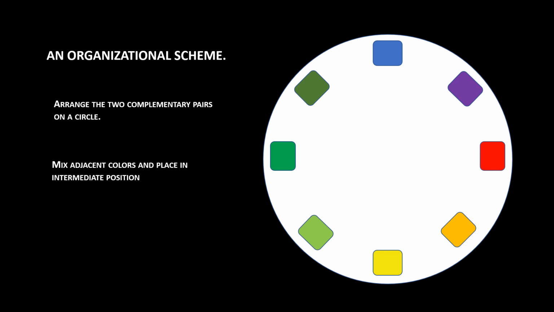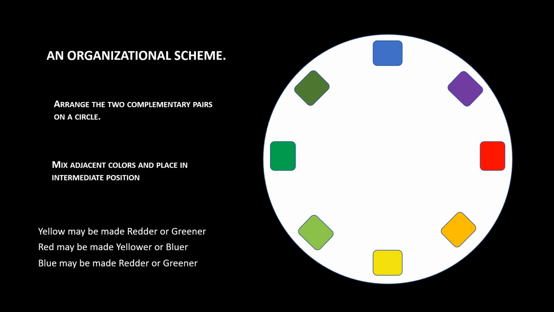This leaves gaps that we can fill in a similar fashion. So we can make yellow redder or greener, and so work up from the bottom along the lower left and lower right quadrants. We can make red yellower or bluer and work along the lower right and upper right quadrants by mixing those colors.